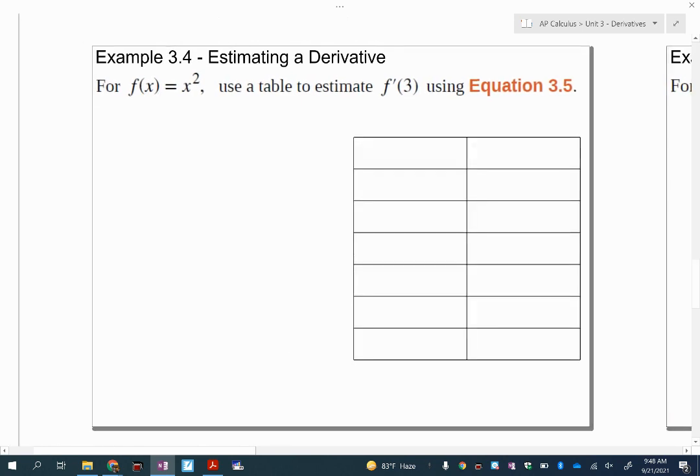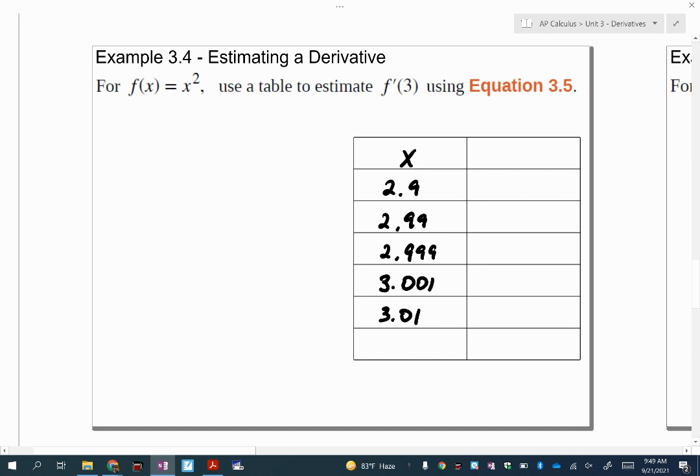We're going to find the derivative of this function f of x at 3, so f prime of 3. We're going to plug in x values just below and just after 3, starting with 2.9, 2.99, 2.999, and then just past 3.